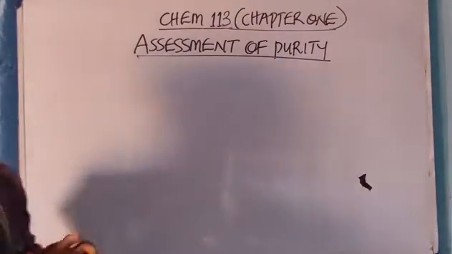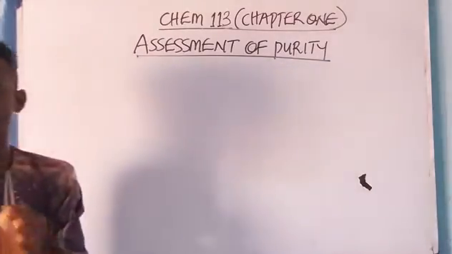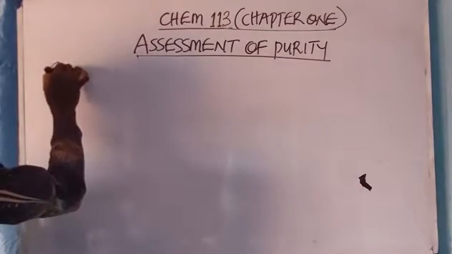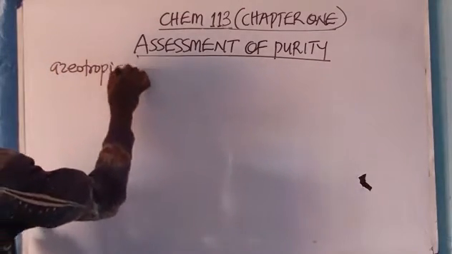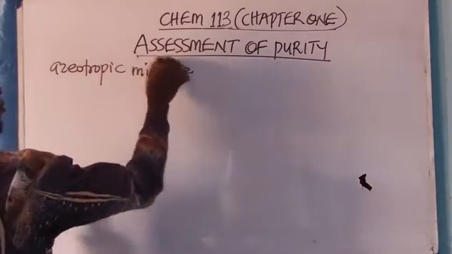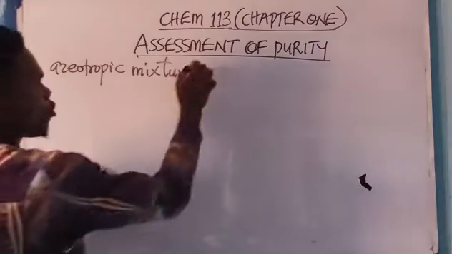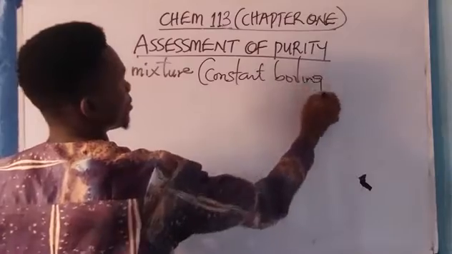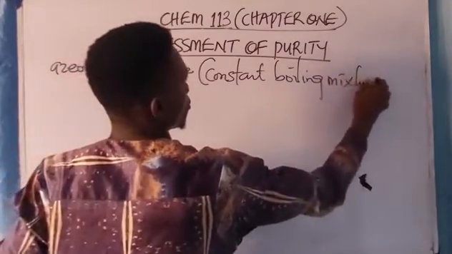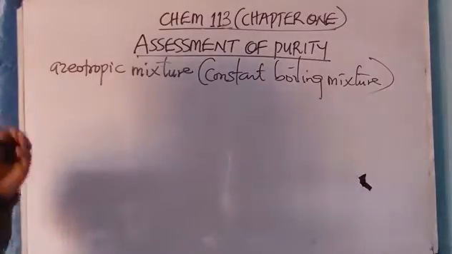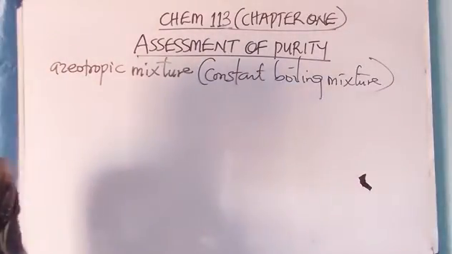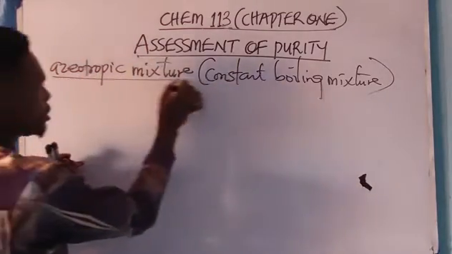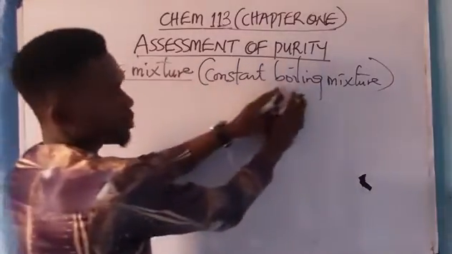Such mixtures, which do not increase or decrease even in the presence of impurities, are called azeotropic mixtures, or constant boiling mixtures.